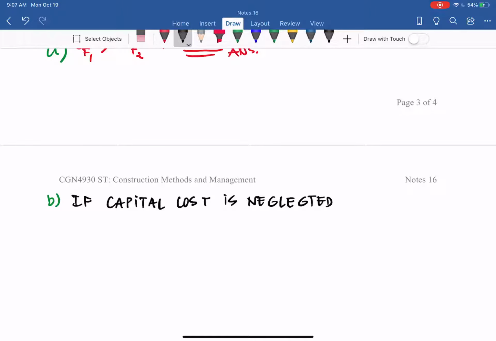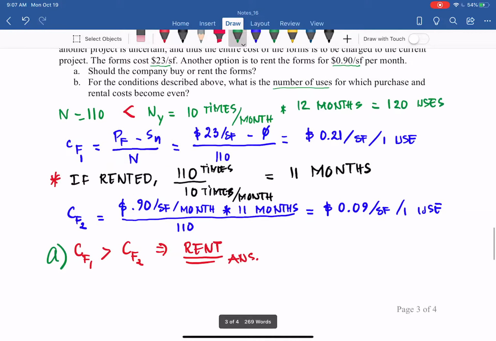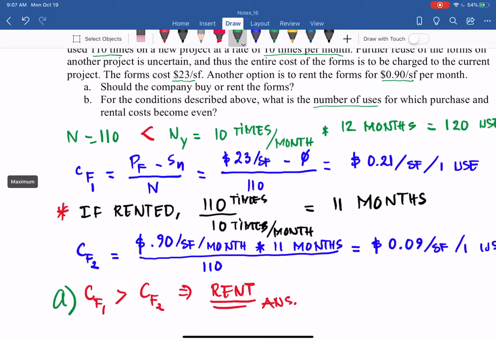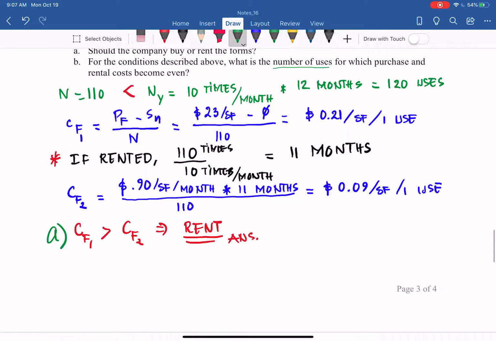And what does that mean? That is, you have I equal to 0%. No interest, no one gives you free money, right? From that, as you can see, CF equal to PF minus SN over N. Then from that, SN equal to 0.